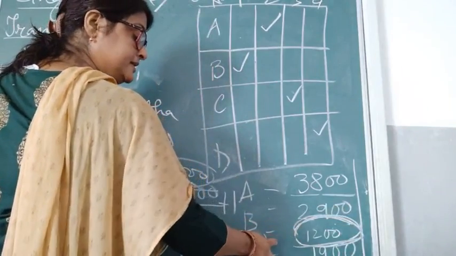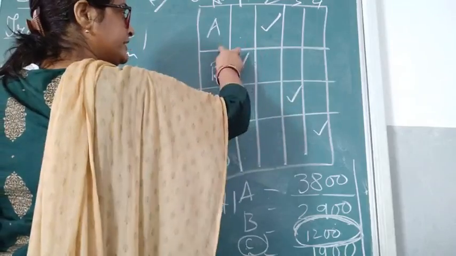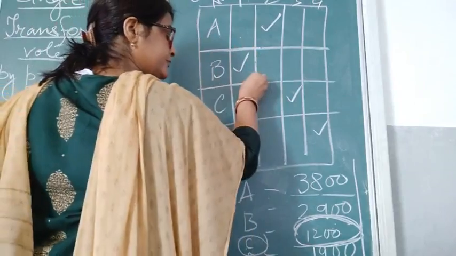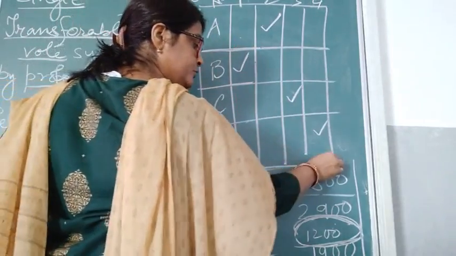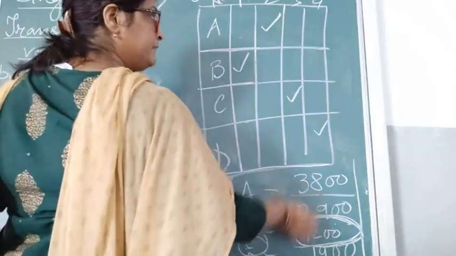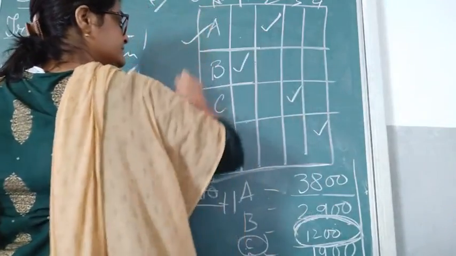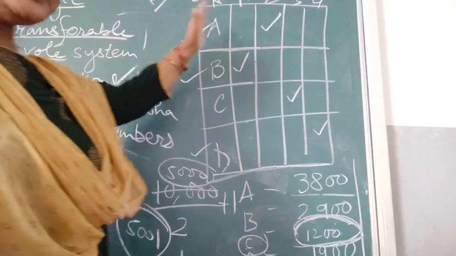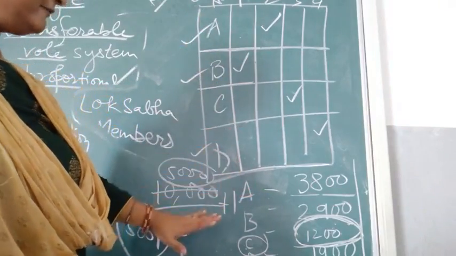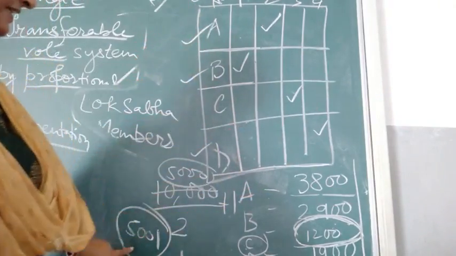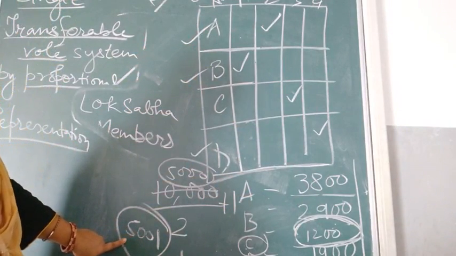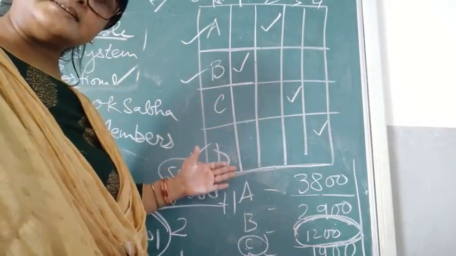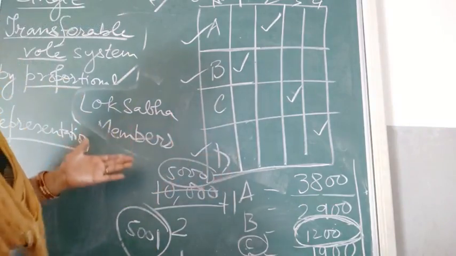Now, it will be seen which preference he gave to A, which preference he gave to B, and which preference he gave to D. And this vote will be divided between A, B and D. After that, if somebody obtains this 5,001, then he or she is elected as the President of India.